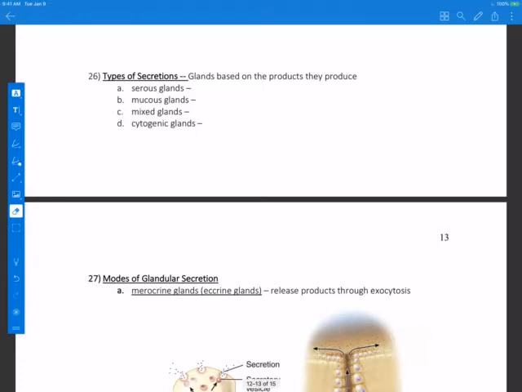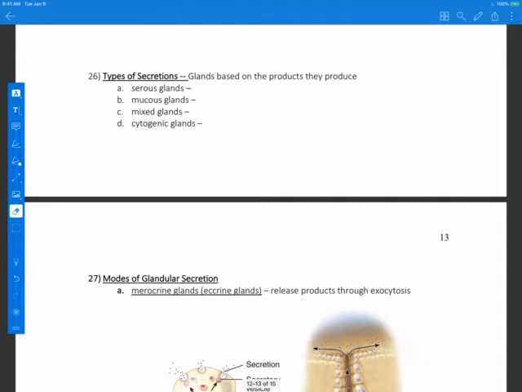Mucus glands secrete a substance that absorbs water to form kind of a sticky, thick secretion called mucus. Examples, well, one example would be the goblet cell, which is a unicellular mucus gland. And by the way, when we talk about mucus itself, it's spelled M-U-C-U-S. But when we're talking about a mucus gland, it's spelled M-U-C-O-U-S.